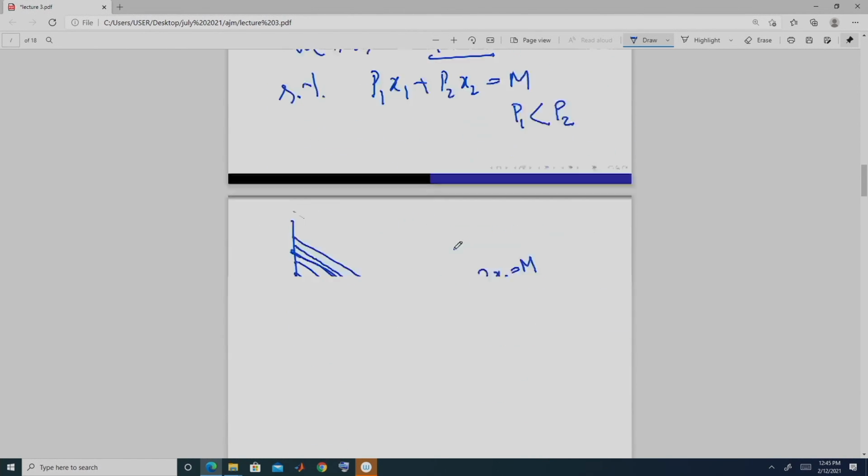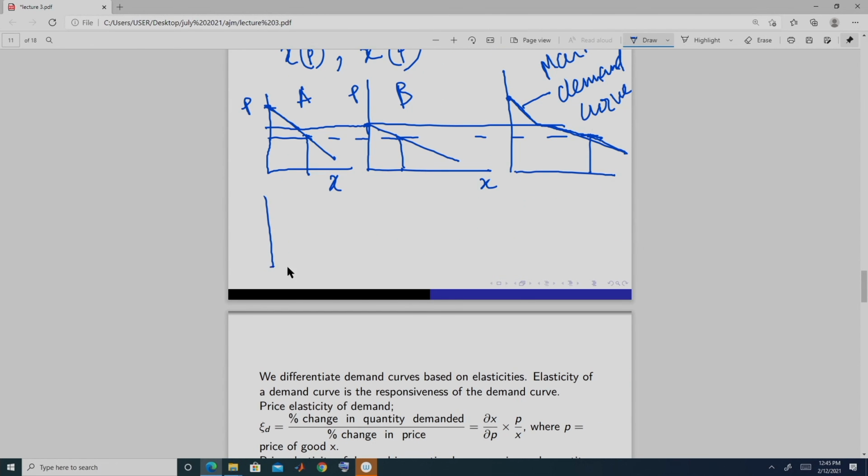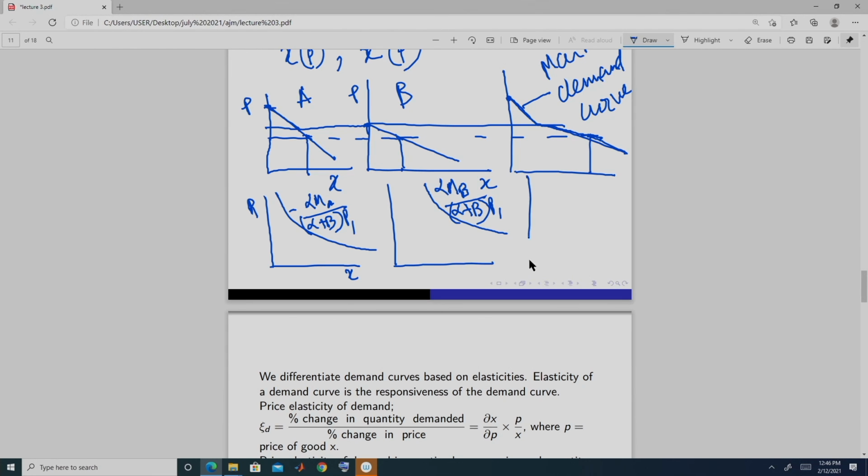If we plot them, we get something like this: this is for person B and this is for person A. When we do the sum, we get a curve like this, and this is going to be the market demand curve.